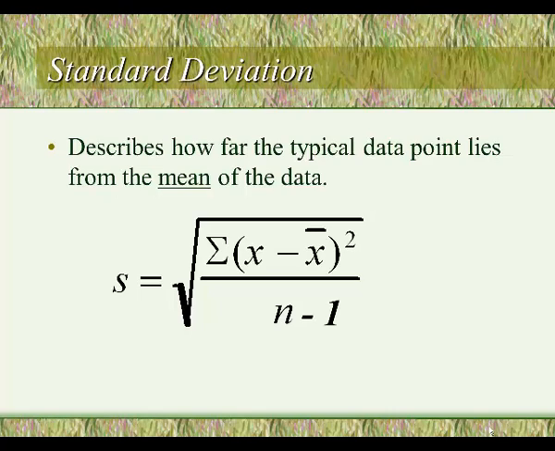X stands for each X value, each data point, having been subtracted by their mean value, that X bar value, and then those differences squared, and then summed up, all divided by n minus 1, is going to give us our sample standard deviation. Again, more on this later. In the next video, we're going to actually calculate some standard deviations, and eventually I'm going to show you how this works on your calculator.